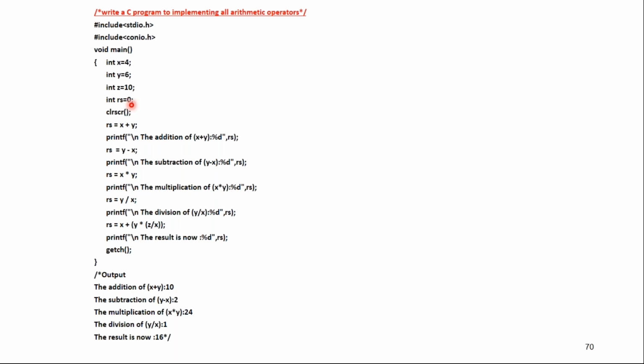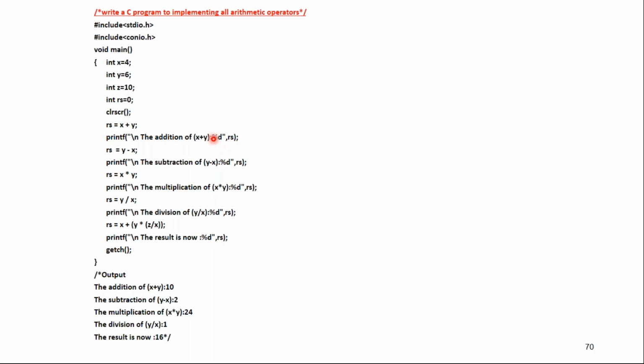However, this 0 will be replaced by the result. X plus y is 6 plus 4, and 10 will be moved to rs. This 0 will be replaced by 10, so the result will be displayed as 10 here.